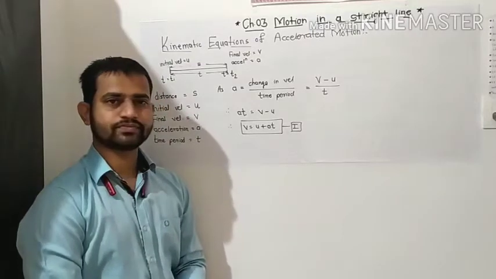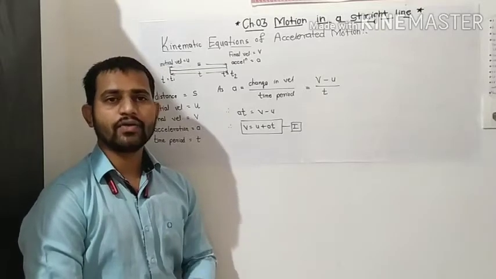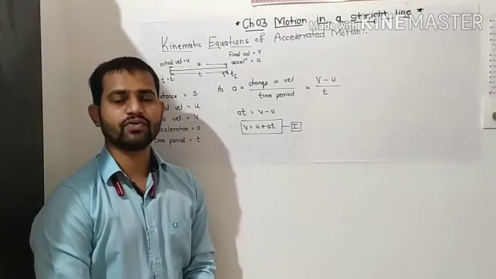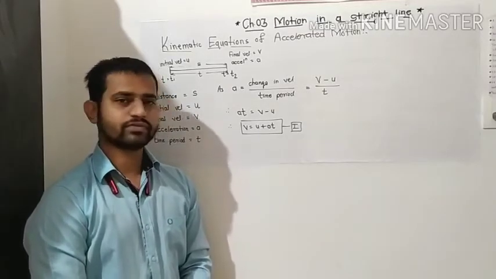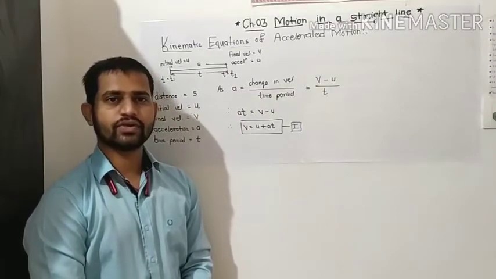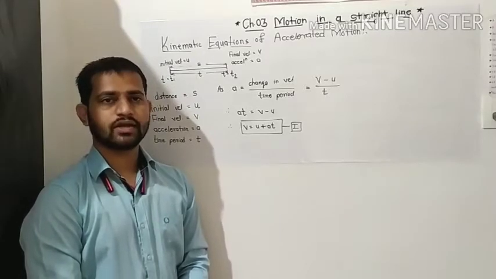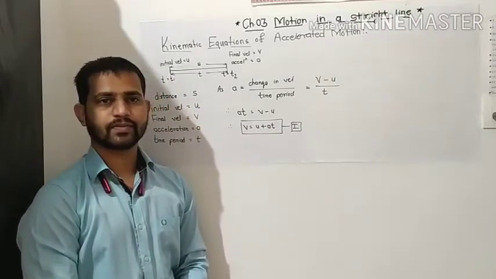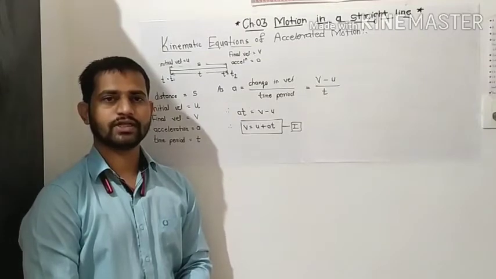The distance s is equal to the average velocity into the time. So how do we find the average velocity here? The average velocity is given by v minus u, and how many velocities are there? Two velocities are there, so we have to consider 2 there.